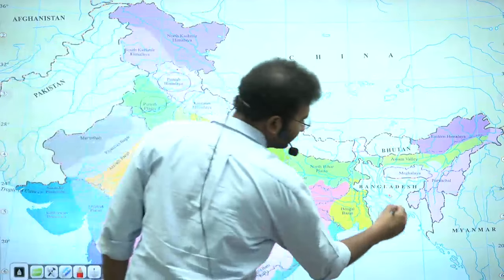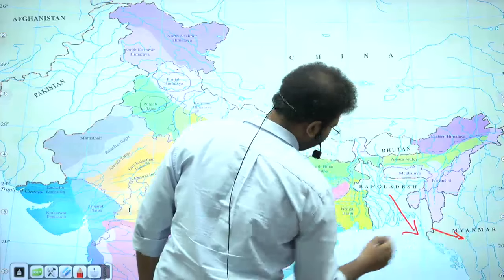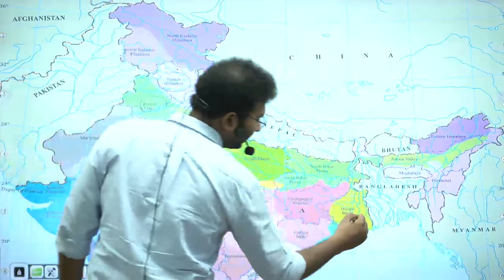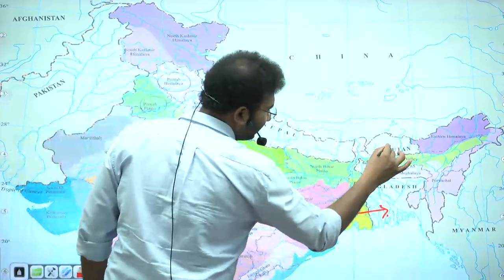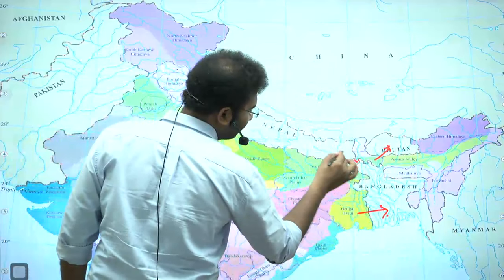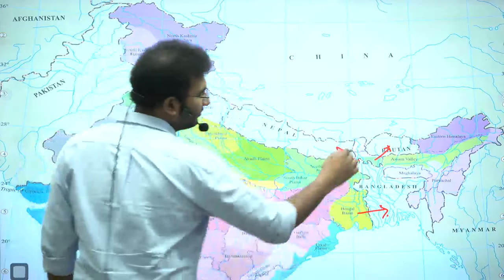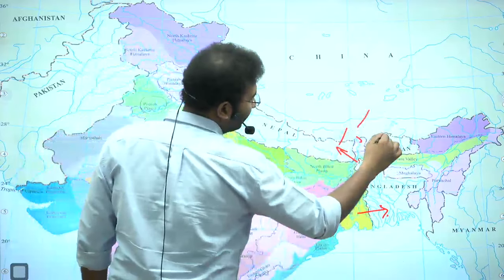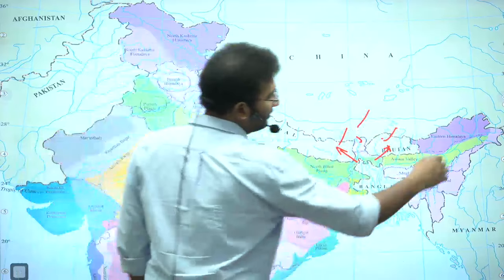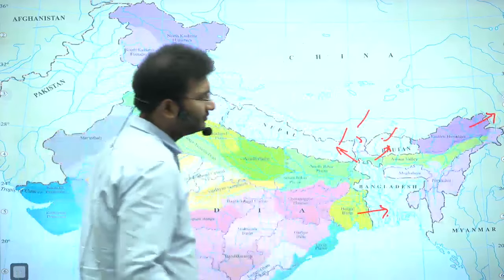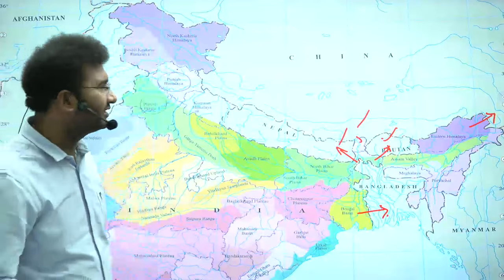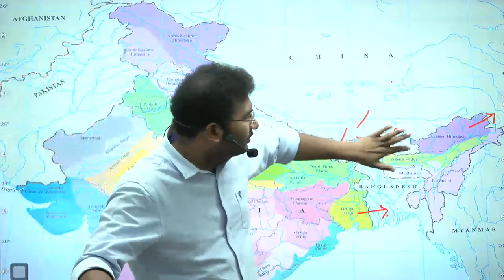West Bengal has a boundary with Bangladesh, Bhutan and Nepal. Sikkim has Nepal, Bhutan and China. Arunachal Pradesh has a boundary with China, Bhutan and Myanmar. Sometimes these kinds of questions can be asked by UPSC or any state PCS that you are picking up.